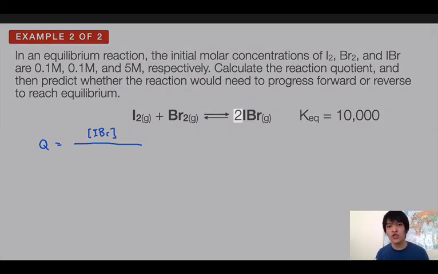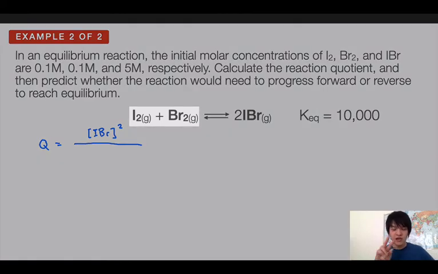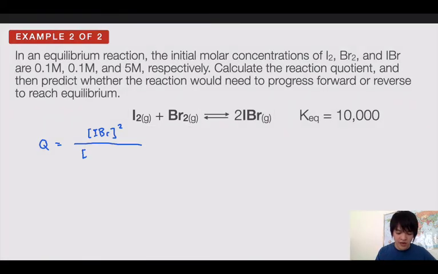Now there is a coefficient of 2 here, and that means we're going to need to put this as an exponent. Okay. On the bottom, we're going to put our reactants. There's two reactants. The first reactant is iodine gas, and there's also bromine gas. There's no coefficients for these, so we're not going to put any exponents for these.